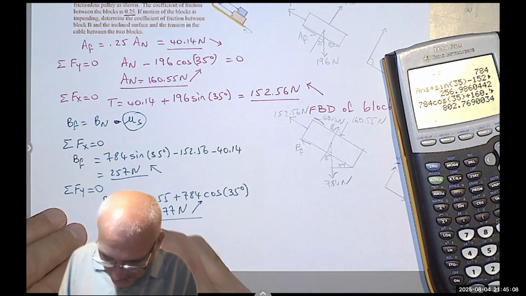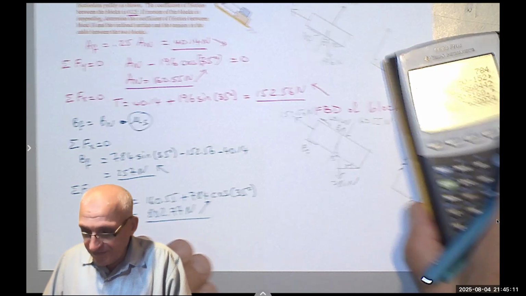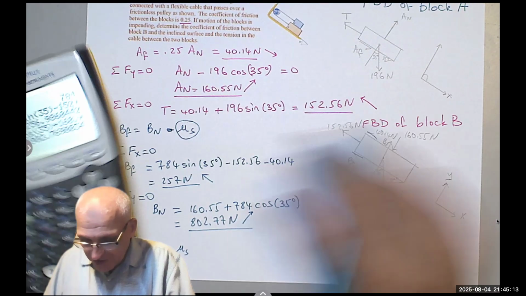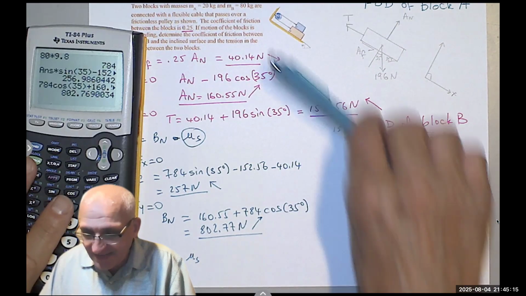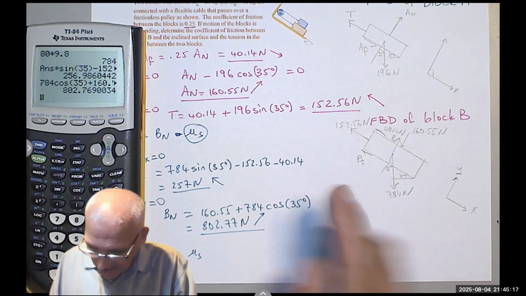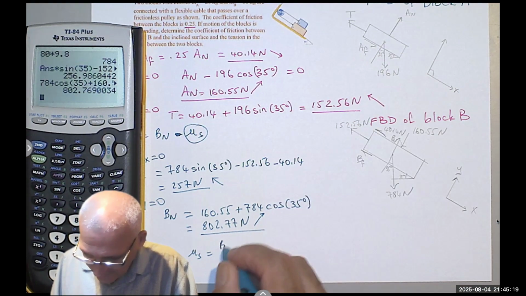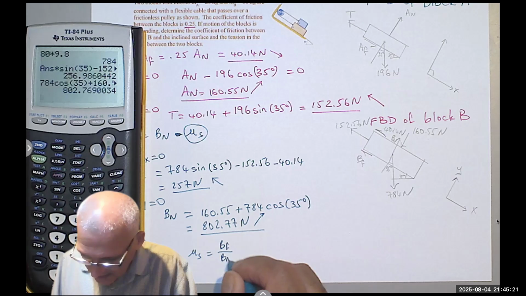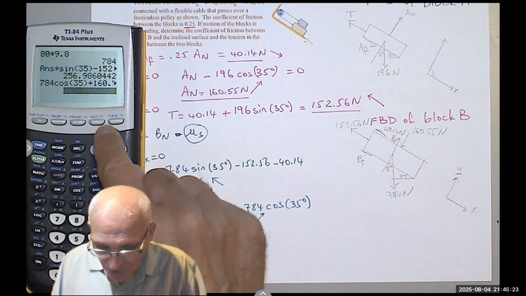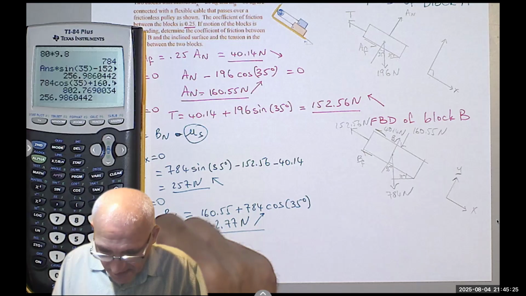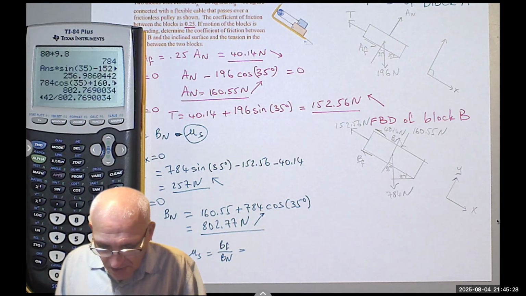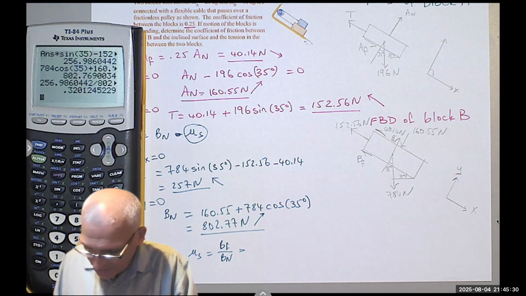And finally, mu sub s, which is the coefficient of static friction between the block B and the inclined surface, equals B sub F over B sub N equals. So I get the 257 divided by the 802, and that gives me almost 0.32.